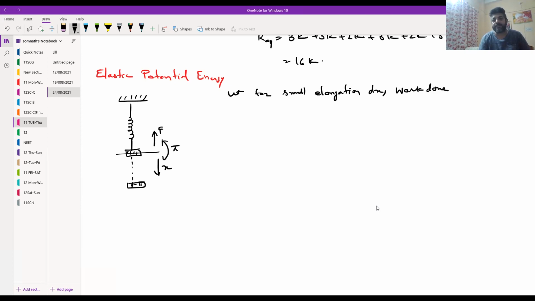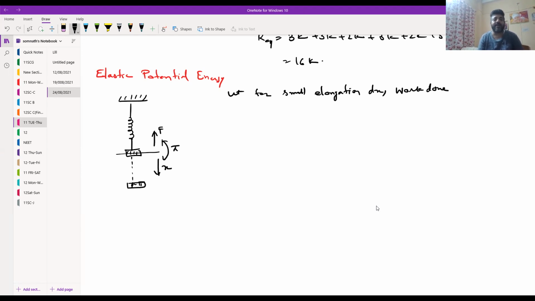Look, this force is the force by the spring. Okay, and we are applying force externally in this direction. We are not taking that force. So that is the work done by the spring. And as this is the work done by the spring, potential energy is the internal energy, which is equal to work done by the system, or negative of work done externally.